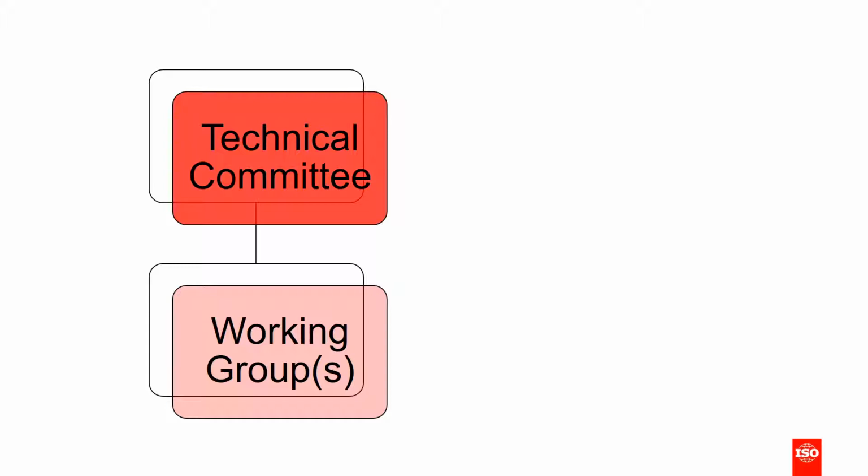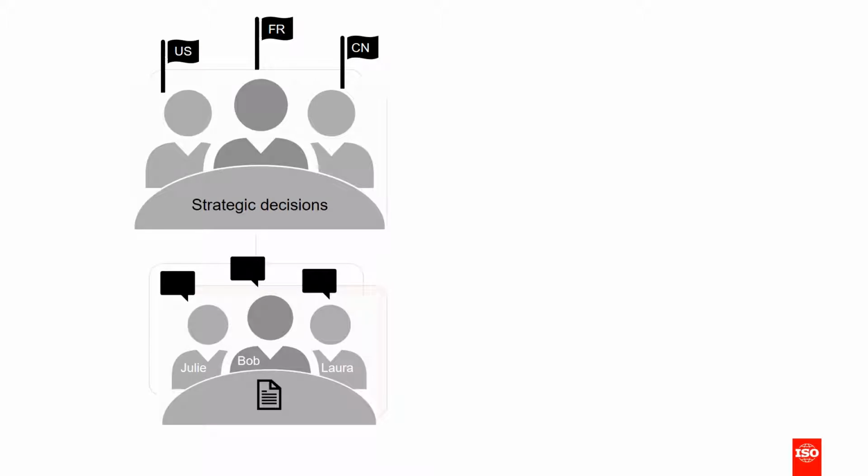On this slide, we see US, France, China, but there can be many different countries around the table that choose to actively participate in the work of a technical committee. And these committee members, representing their countries, take the strategic decisions related to the work of the technical committees.